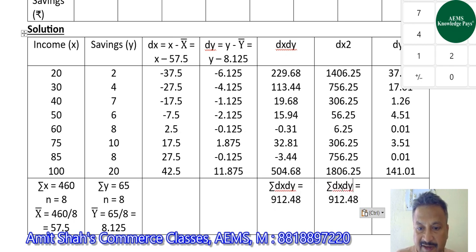Now summation dx square: 1406.25 plus 756.25 plus 306.25 plus 56.25 plus 6.25 plus 306.25 plus 756.25 plus 1806.25. That is 5400.